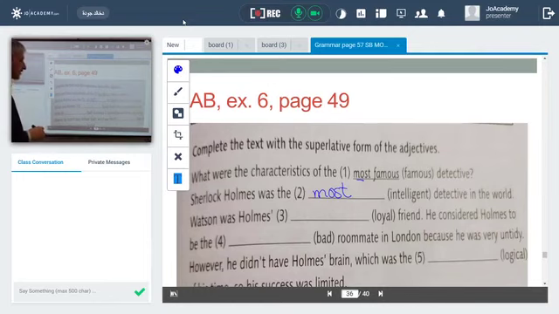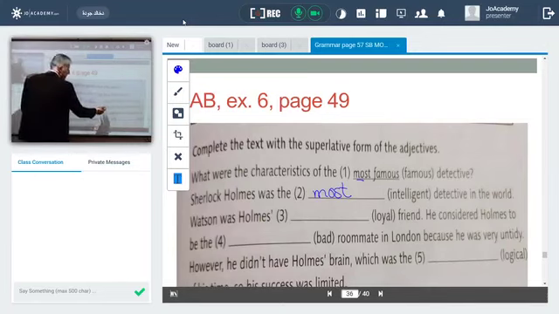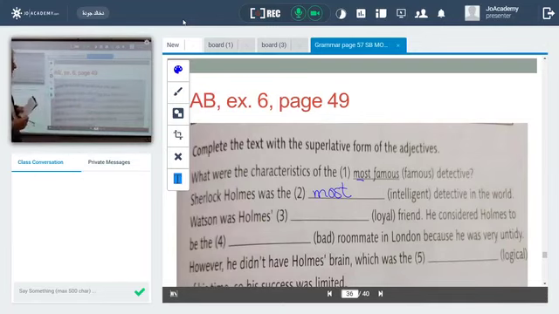Watson was Holmes' what? Loyal friend. So what do you think here? There is no the. What do you think? Loyal. What's the meaning of loyal? Loyal means, do you know what's the meaning of loyal?